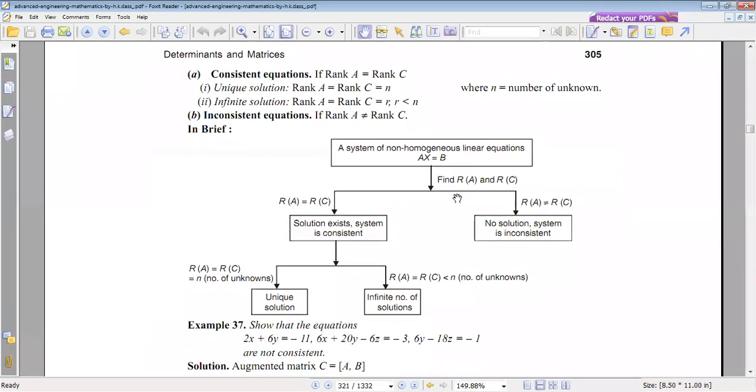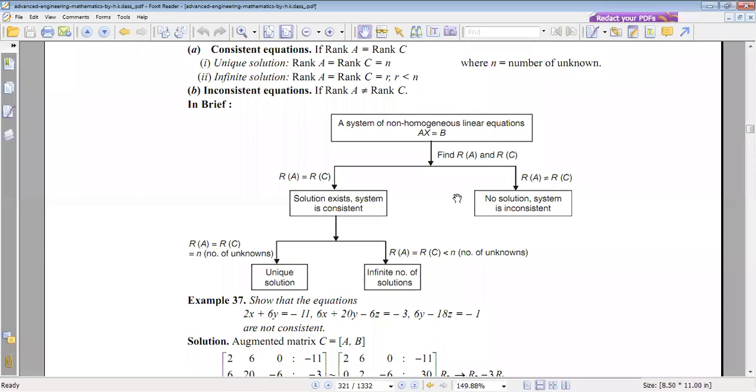So as I will show here, the system of non-homogeneous linear equations AX equals B is consistent if rank of A equals rank of C, and inconsistent, that means no solution, if rank of A is not equal to rank of C.